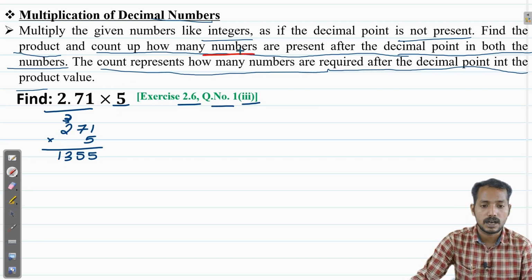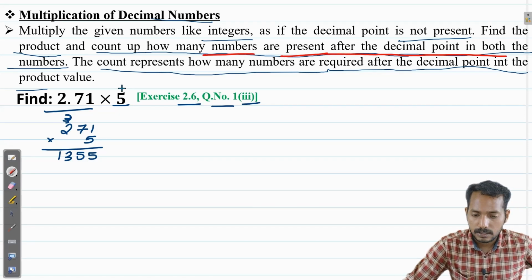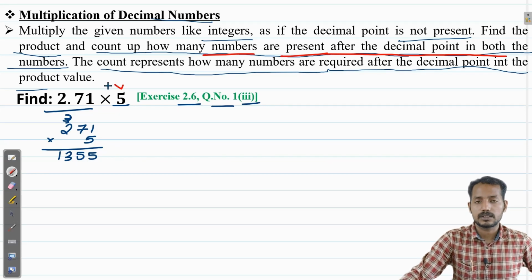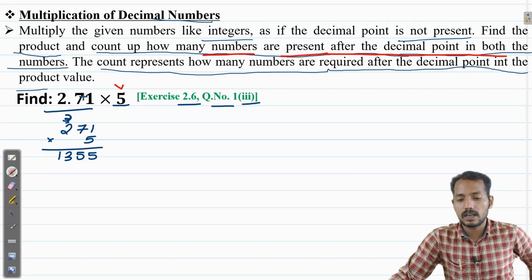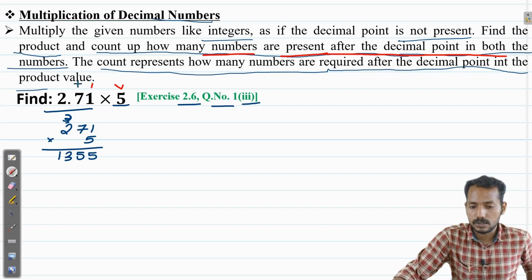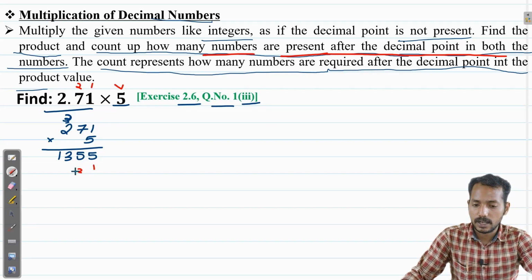Now count the number of digits after the decimal point. How many numbers are present after the decimal point? In this number, there are no digits after the decimal point, while in the first number there are two digits after the decimal point. So count that many digits here, 1, 2, and keep the decimal point.